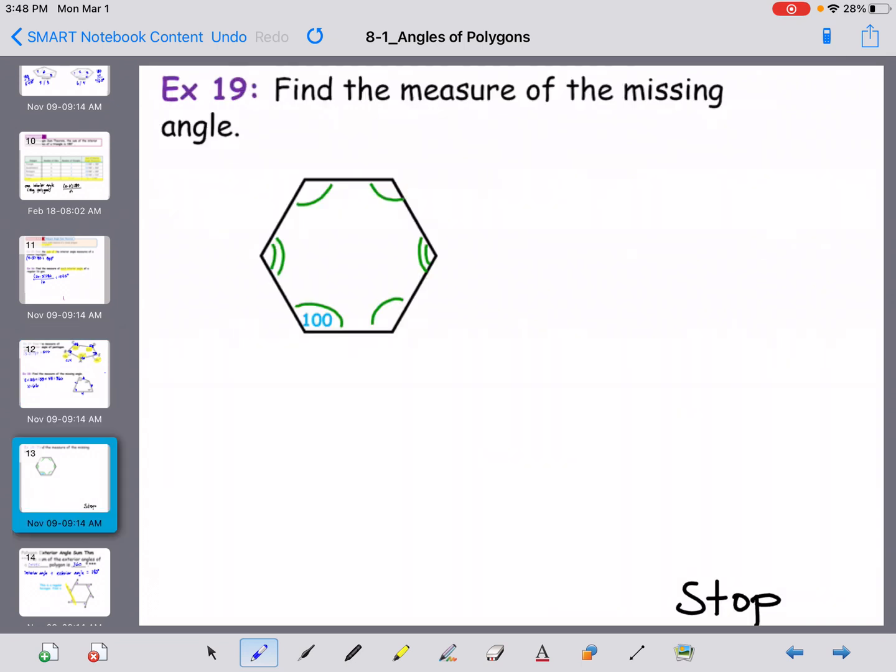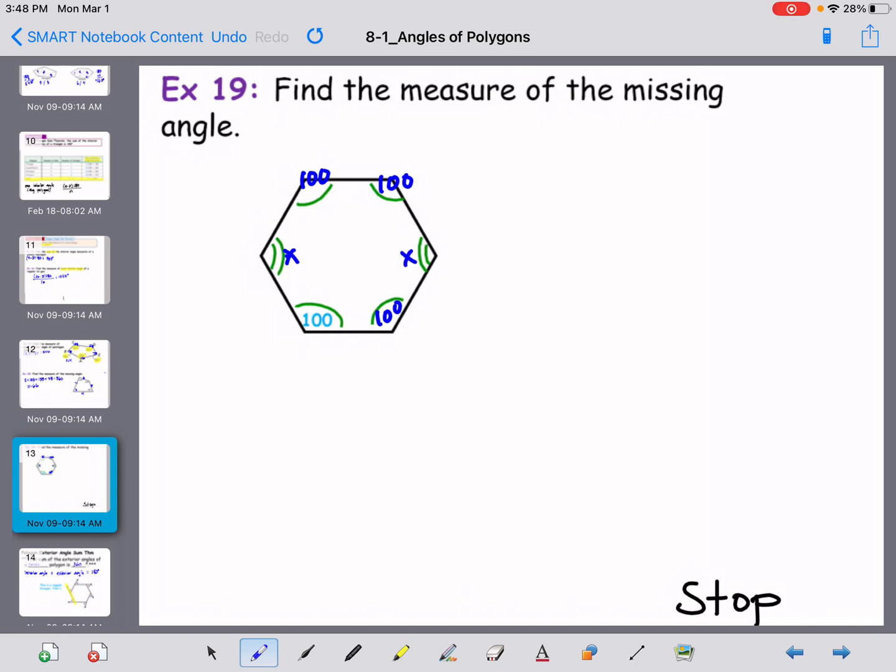Last example for today. Find the measure of the missing angle. So I've got one angle marked as 100. And so I'm going to put 100 degrees where all of these have the same mark. And so now these other two would both be x because they're the same.